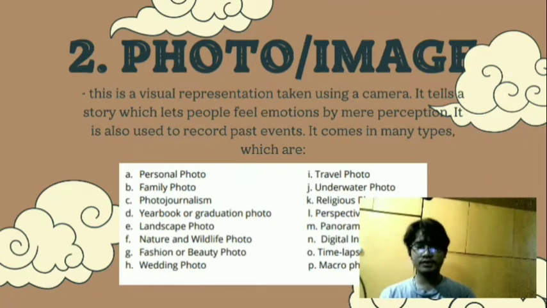It is also used to record past events, like in history, like in World War II. And photo or image also comes in many types, which are personal photo, family photo, photojournalism, and etc.